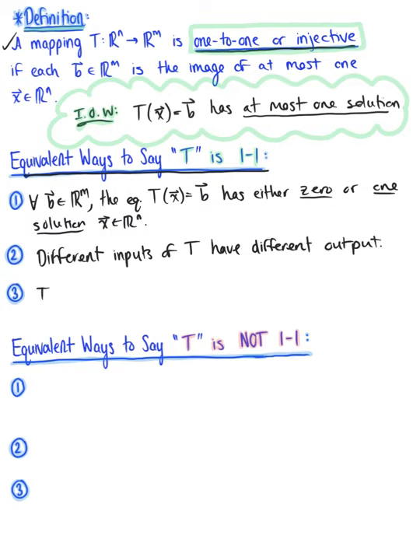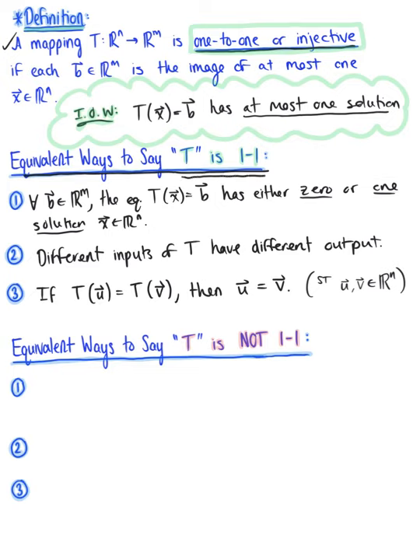Another way to say this would be to say that if the image of a vector u under the action of T equals the image of vector v under the action of T, then these two vectors must be equal. So in other words, vector u must be equal to vector v. If this holds true, we know that our transformation is a one-to-one mapping.